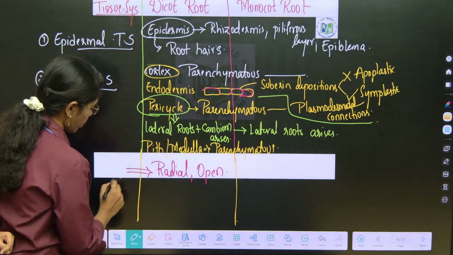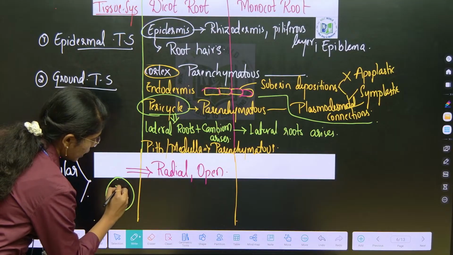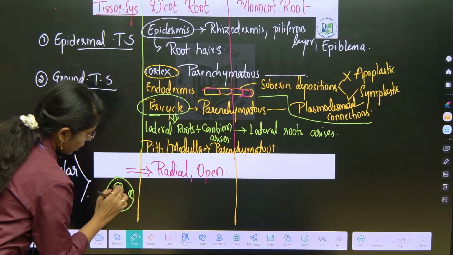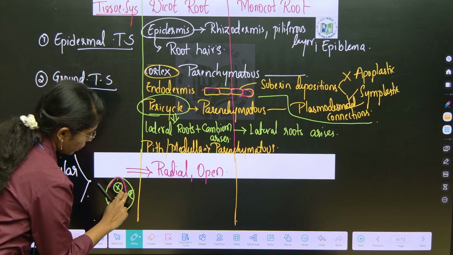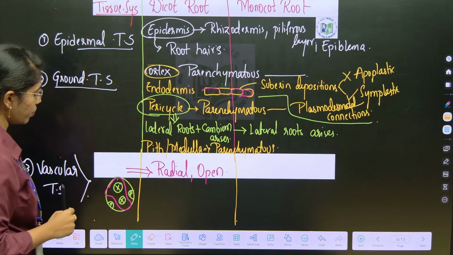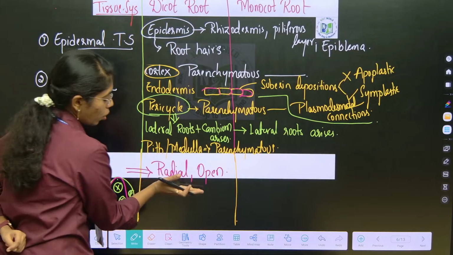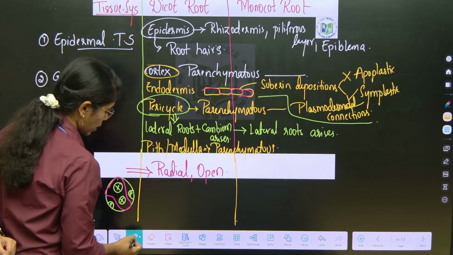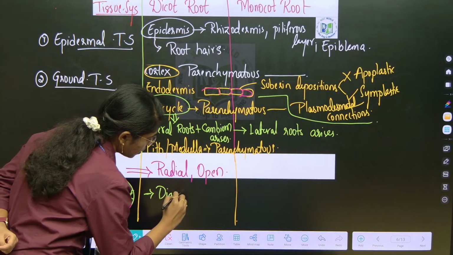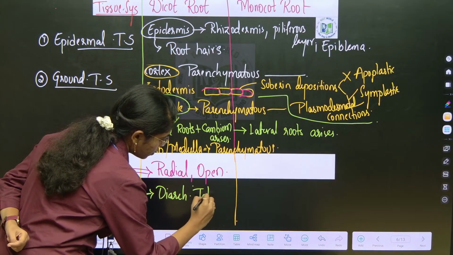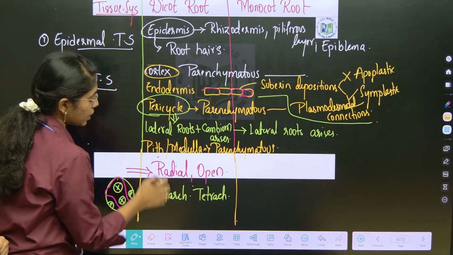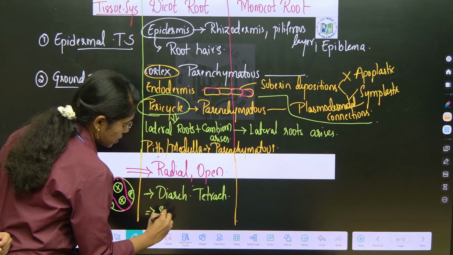Wavy cambium is formed, with xylem at the center, then phloem, then xylem and phloem, and a cambium attached to the pericycle like this. So, radial and open type of vascular bundles, and it is diarch to tetrarch, that is 2 to 4 vascular bundles will be present, and pith is small and inconspicuous.